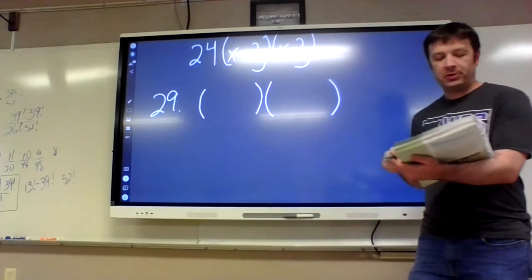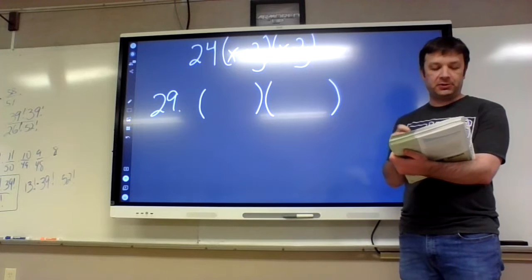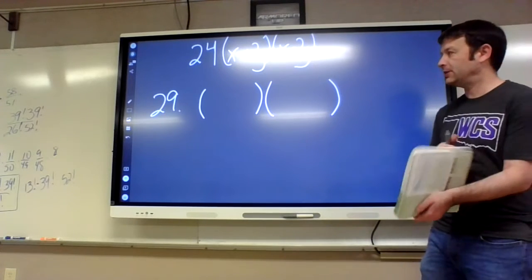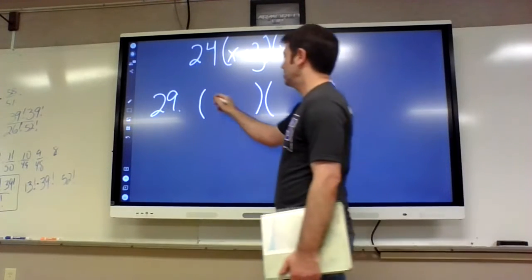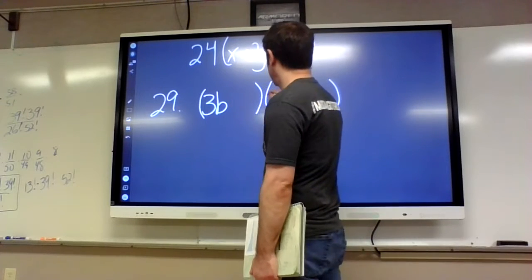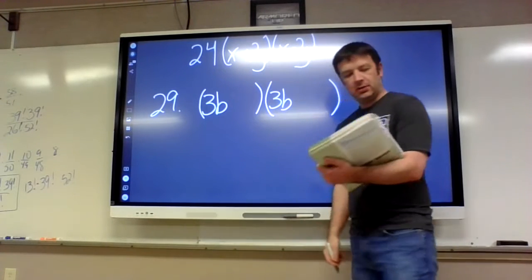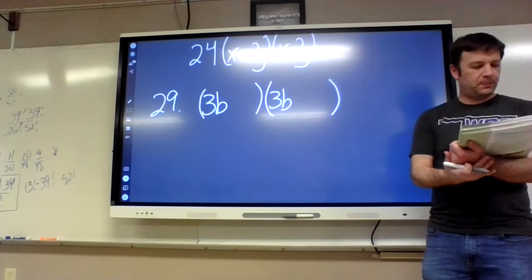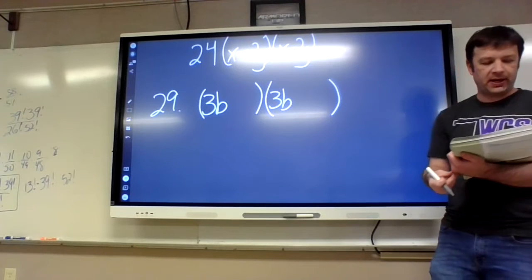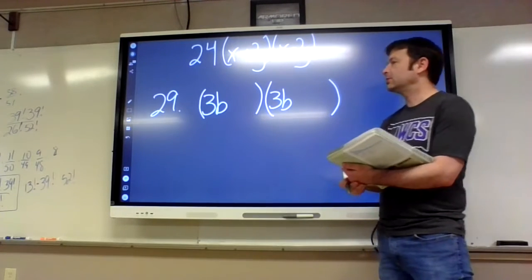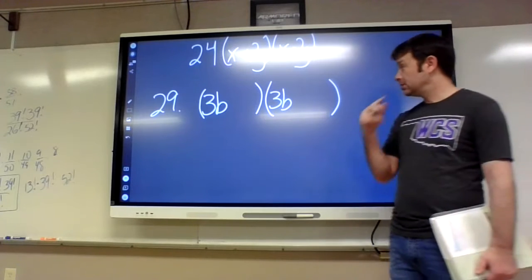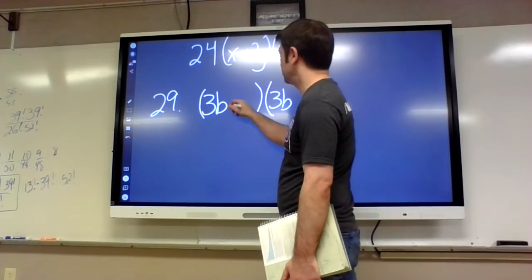So what is probably gonna go in front on 29? What goes in 9b squared? 3b and 3b. Okay, what probably is gonna go in the back? What goes into 4c squared? 2c and 2c.